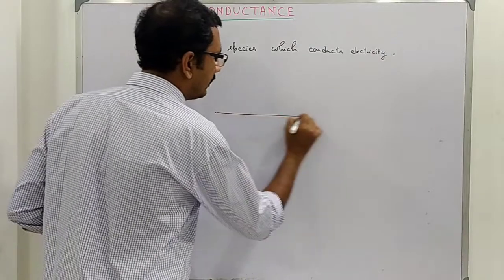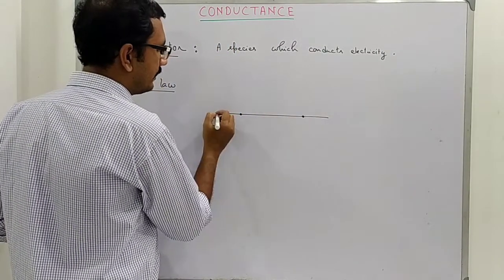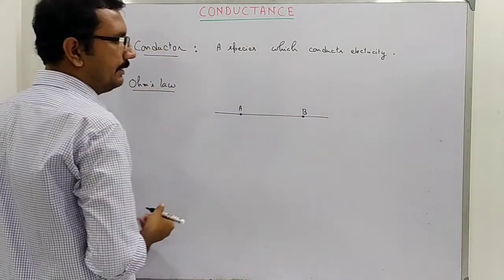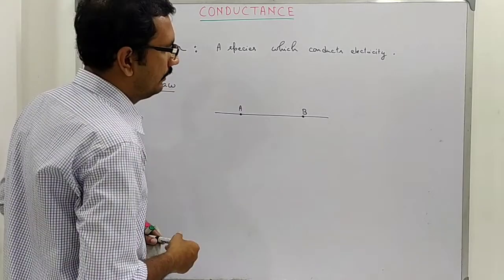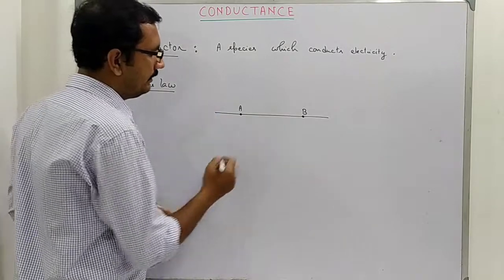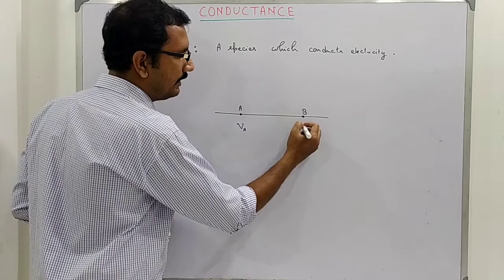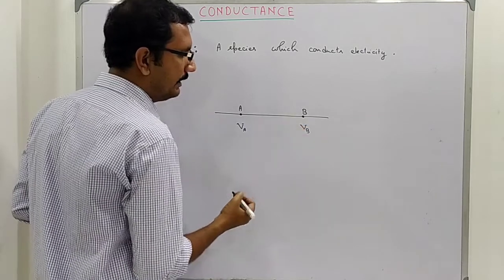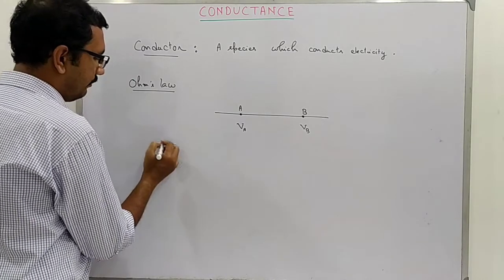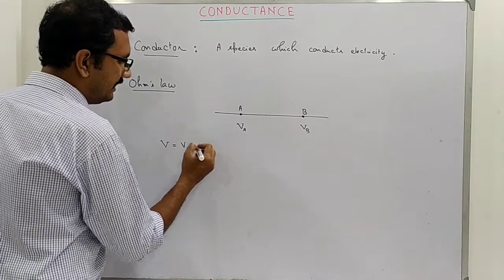See, this is a conductor. Now, there are 2 points. This one is A and this one is B. Now, the potential at this point A is considered to be VA and that at the point B is considered to be VB. So, the potential difference between these 2 points, which is considered as V, is given by VA minus VB.